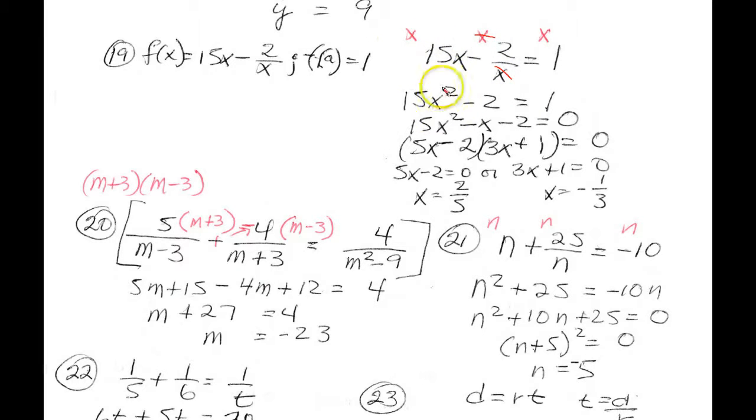Here I get 15x squared minus 2 minus x. I transpose that x to the other side here. I now have it in standard form. I factor it, equate each of my factors to 0. There are my answers.